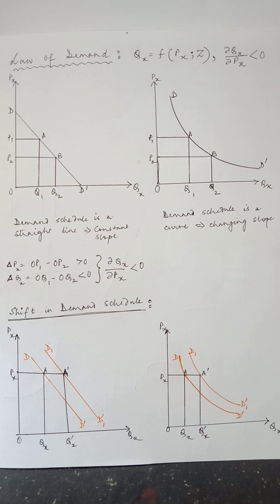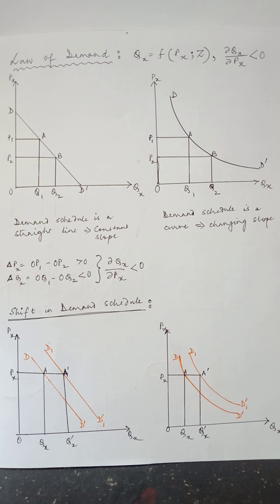Just opposite in case of substitute goods. Now in case of complementary goods, we will see that the demand schedule will always shift to the left when the price of the related commodity, that is the complementary commodity, is increasing. Then the demand schedule of this commodity in question, say X, will decrease.